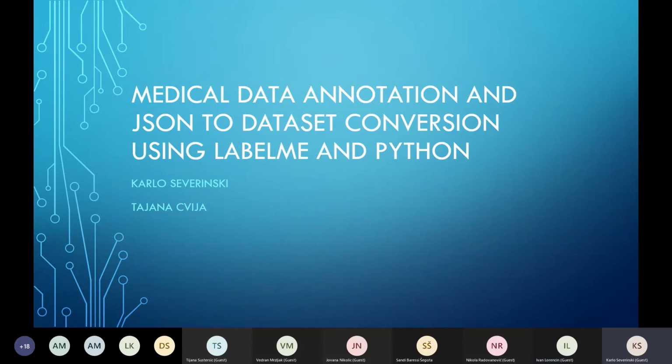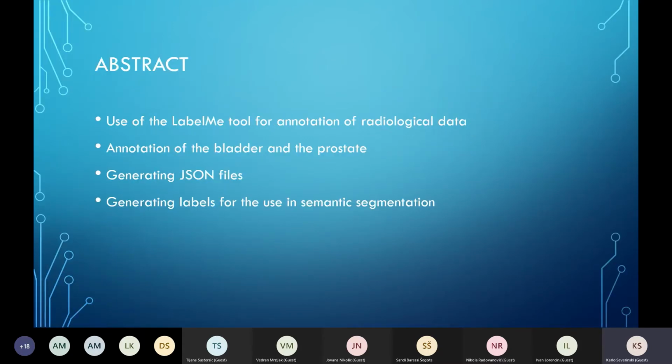So let me first introduce myself. My name is Carlos Severinsky, and I want to introduce also my colleague Tajana, who worked on this paper with me. So what we wanted to do with this paper is use medical data annotation and JSON to dataset conversion with LabelMe and Python.